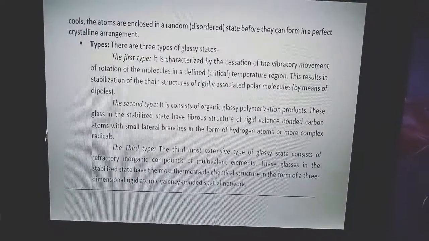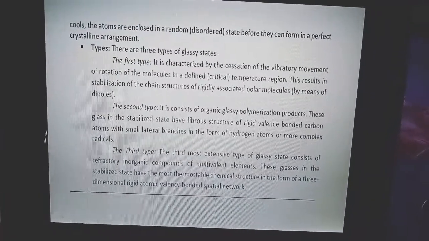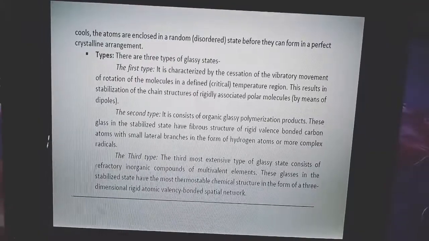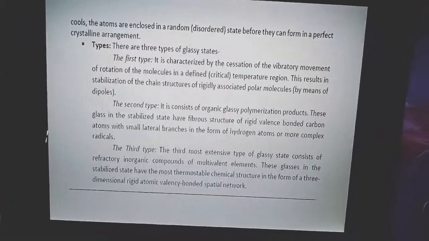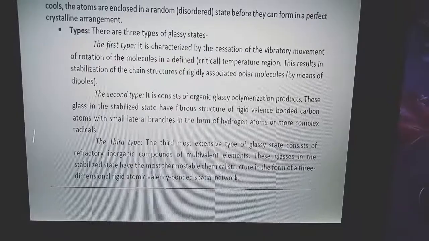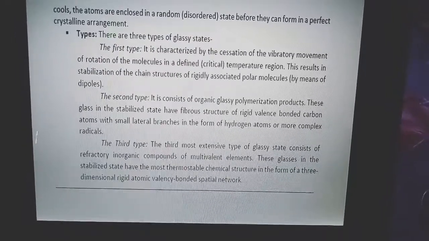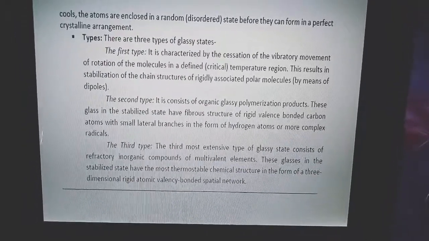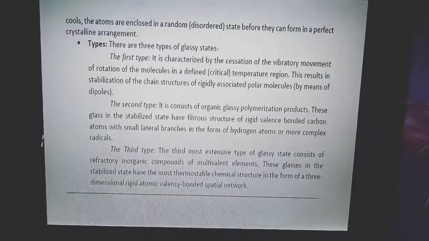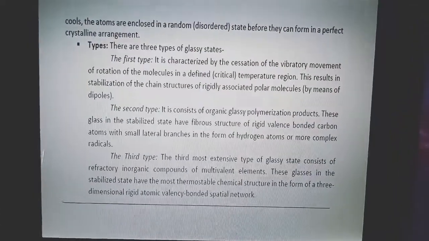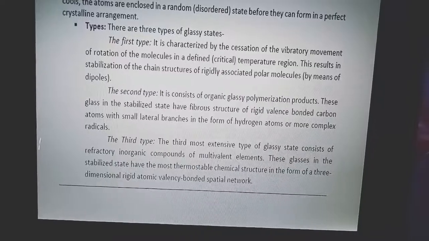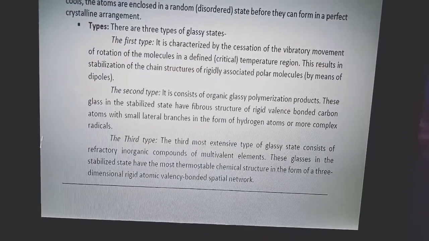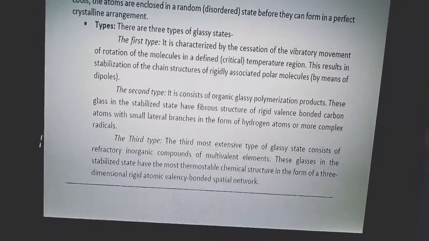The third type, the most extensive type of glassy state, consists of refractory inorganic compounds of multivalent elements. These glasses in the stabilized state have the most thermostable chemical structure, in the form of a three-dimensional rigid atomic valency-bonded spatial network.